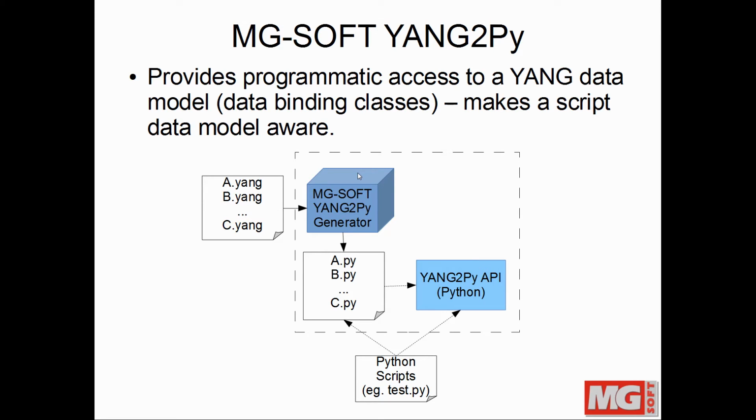The YANG2PY Generator is a graphical user interface tool that generates Python code from valid Yang modules, and the YANG2PY API is an API that provides some base classes for the generated code, and also provides a utility API that is used by end users in Python scripts.